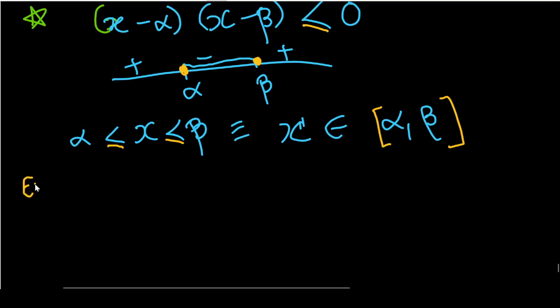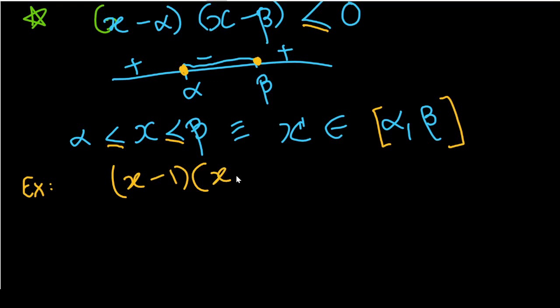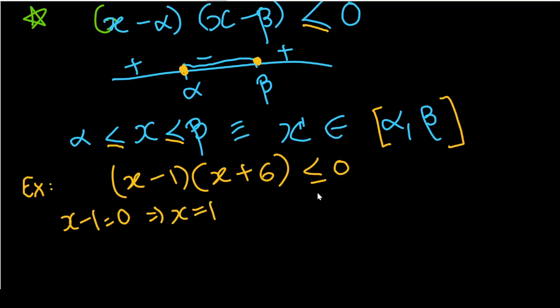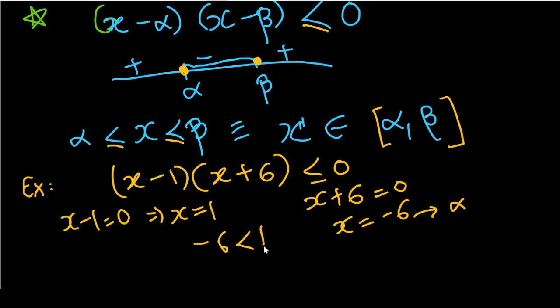So for example, if I take x minus 1 into x plus 6 less than equal to 0, so if you see, this linear factor vanishes at x equals to 1. Another linear factor vanishes at x equals to minus 6. Minus 6 is lesser than 1, so minus 6 would be assigned to be alpha and 1 would be assigned as beta.